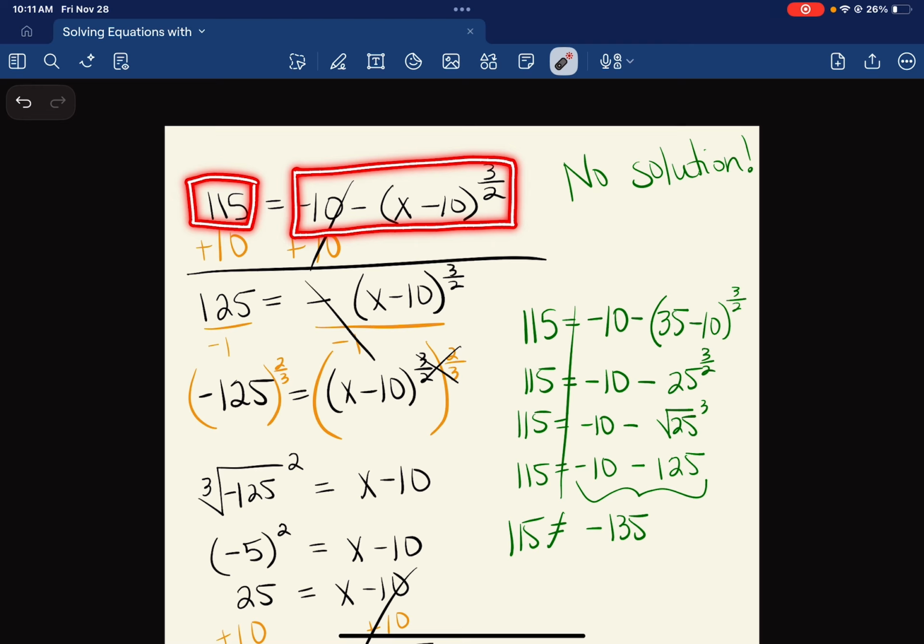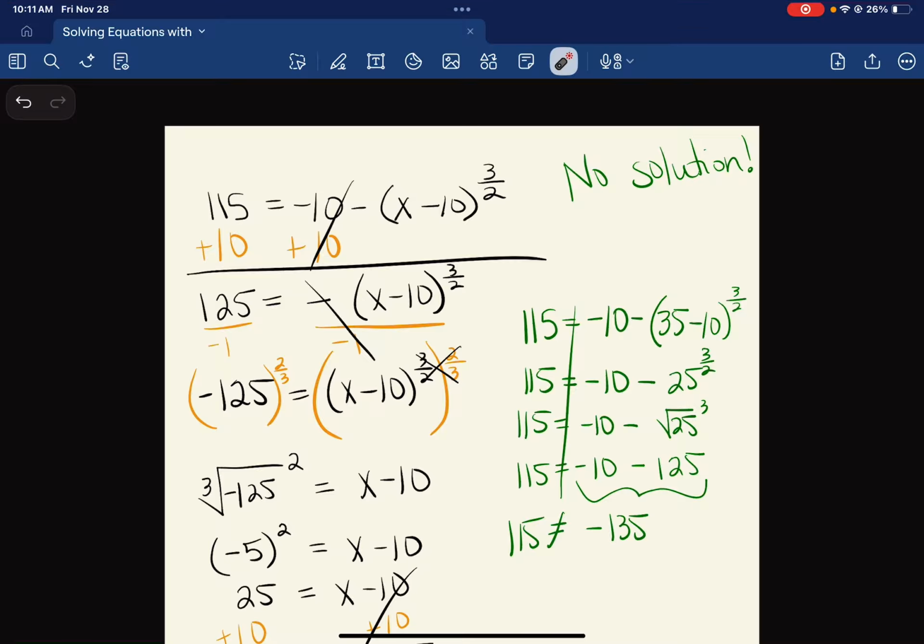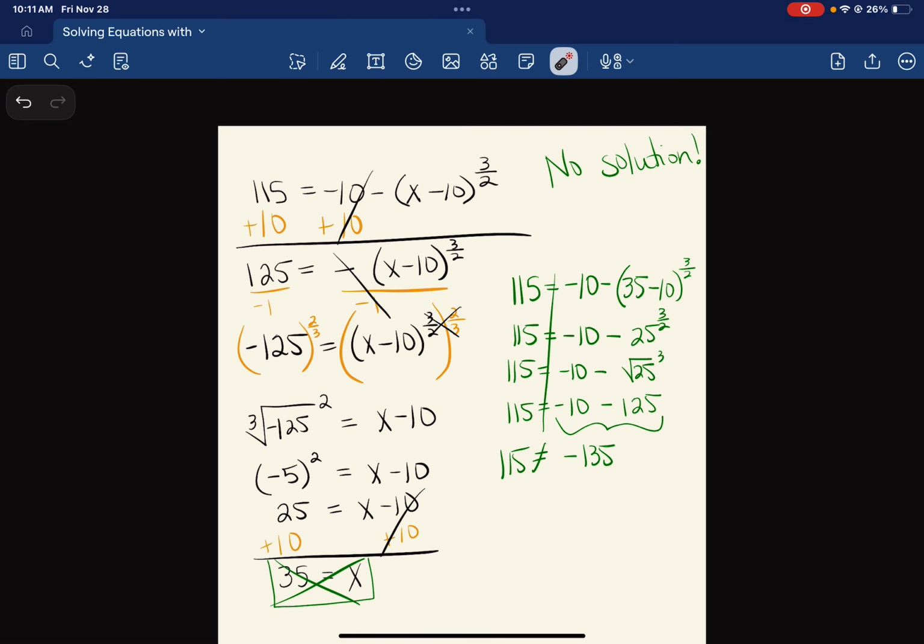And whatever the x value is of your intersection, that should be your solution. So if the graph of 115 does not ever intersect this graph right here, there is no solution to this equation. Just a little trick that you can always use to check your work quickly if you're working on a bunch of homework problems for practice.